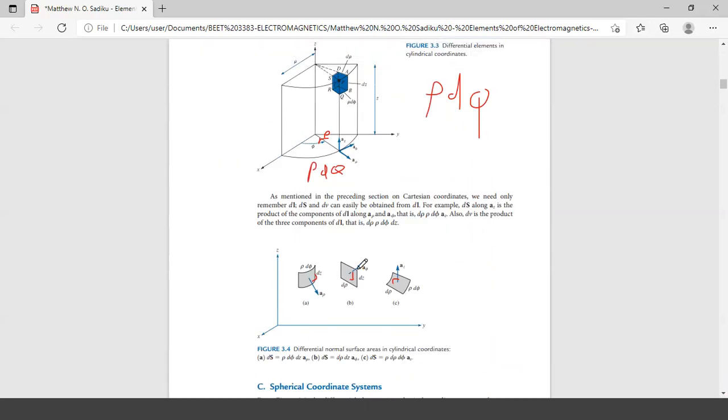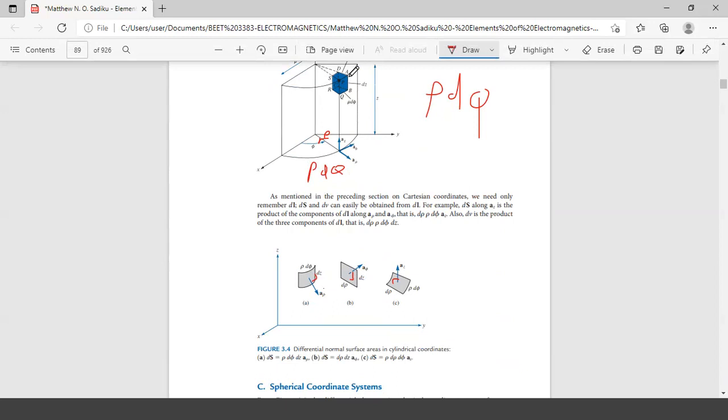The differential normal surface area is given by the following. First we took the side rho d phi and dz, so the normal surface is in the direction of rho. Same with the side dz and d rho, so the normal surface is in the direction of phi.